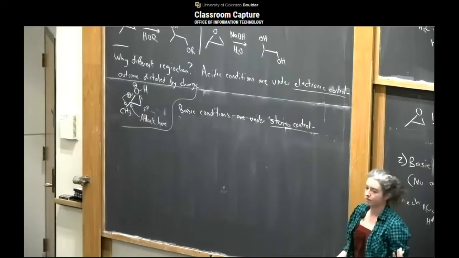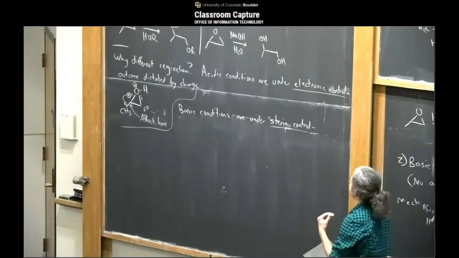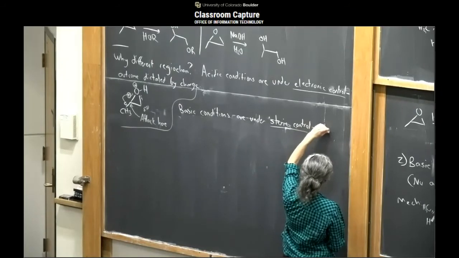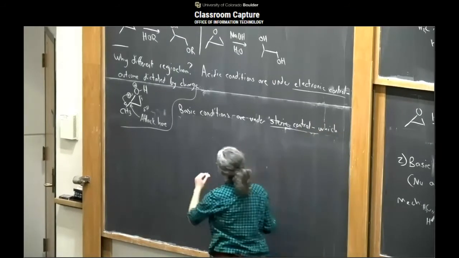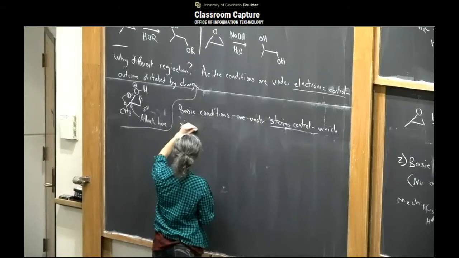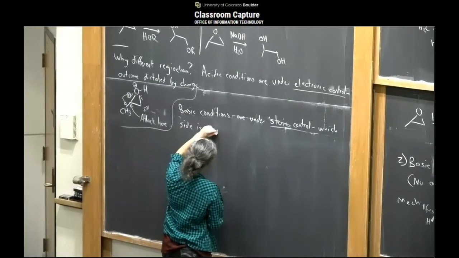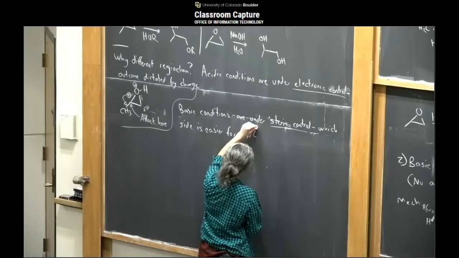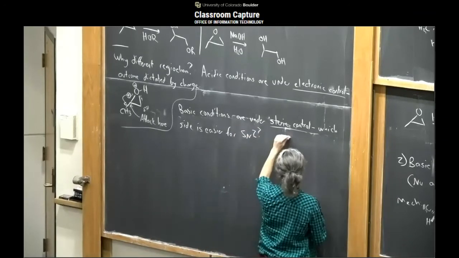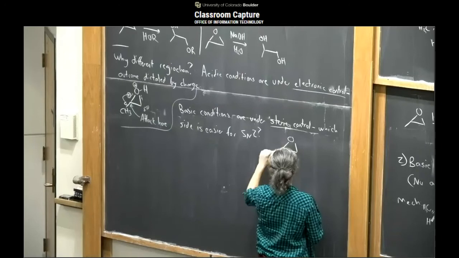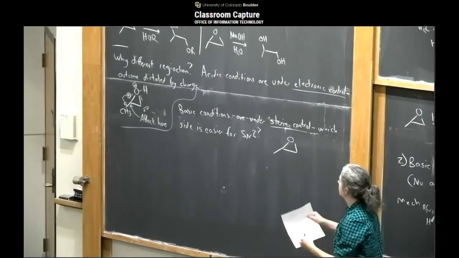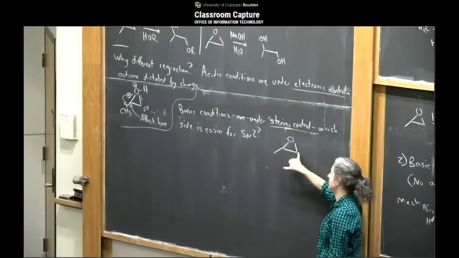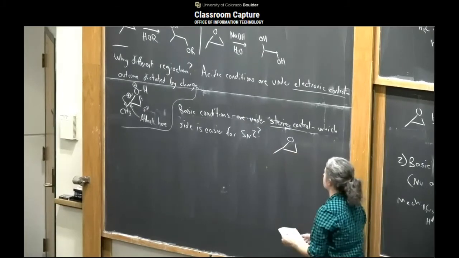There it's just which side is more attackable for SN2. So here, if we have this molecule, this one with the extra methyl is going to be harder to attack than this one that just has a couple extra H's.